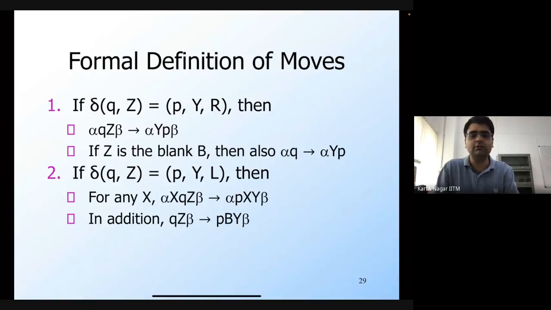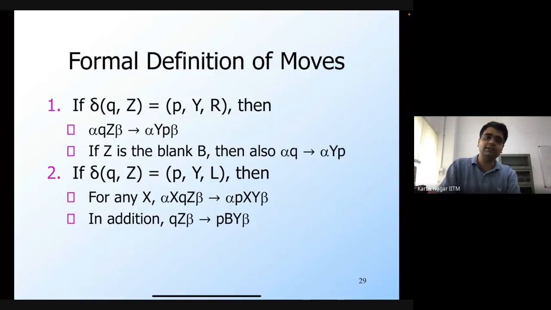There's going to be an infinite number of blanks, but the non-blanks will always be finite, and therefore in the configuration we look at the leftmost non-blank and the rightmost non-blank, and everything in between those two is represented in the configuration. This is a very succinct way of representing the entire state of the tape. Along with that, we also need to give the position of the read head and the state component of the TM itself.